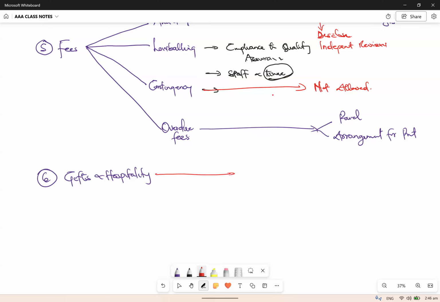So we are saying that unless those gifts are trivial, which means that the value is low, and inconsequential, which is very difficult for you to know whether it's inconsequential, because I hold the personal belief that there is nothing free on this earth.